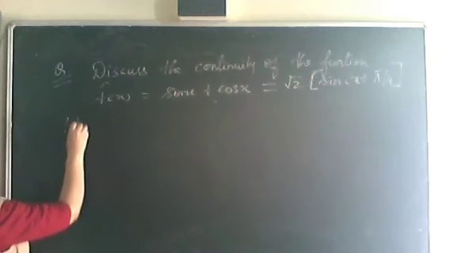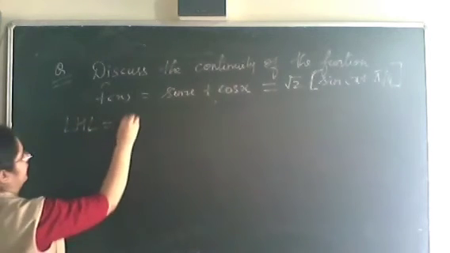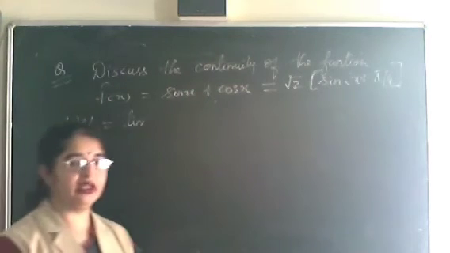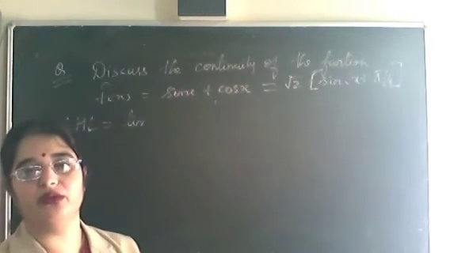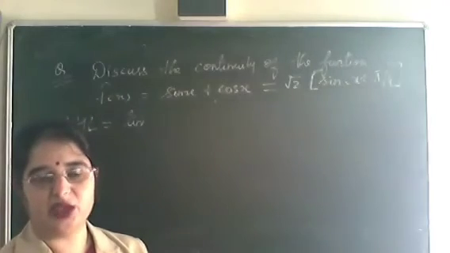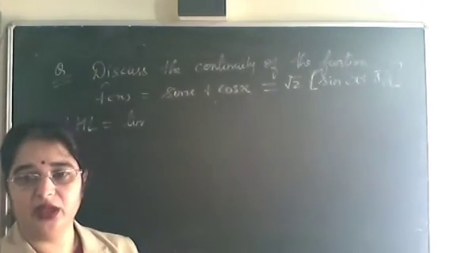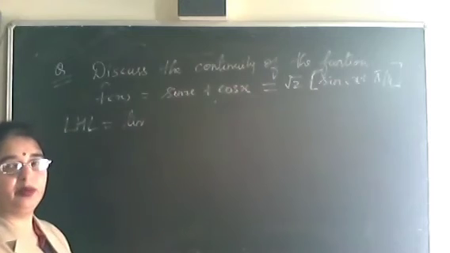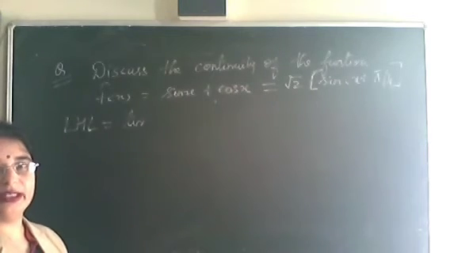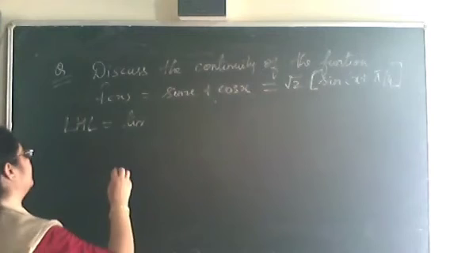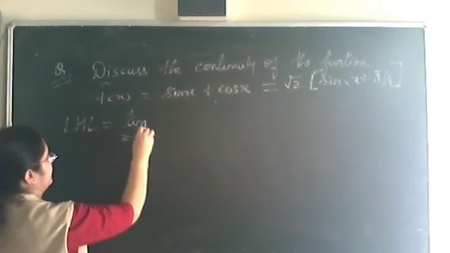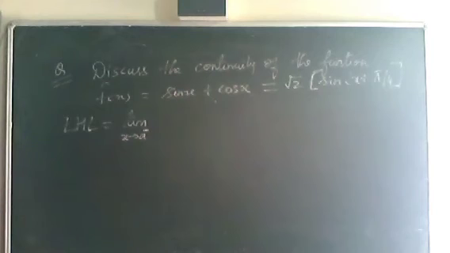So our LHL will be equal to what? Limit. Now how will we calculate the limit? They have not given any specific point where we have to calculate the limit. So we'll take any general point. Let the general point be a. You can write it down. We will calculate the limit as x tending to a minus, because nothing is given.